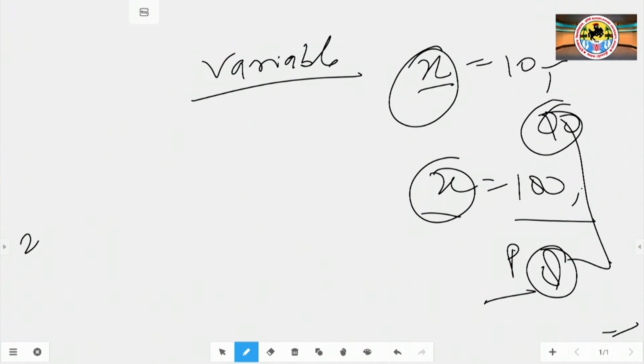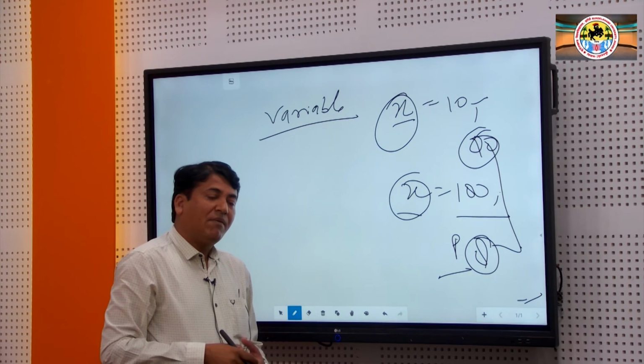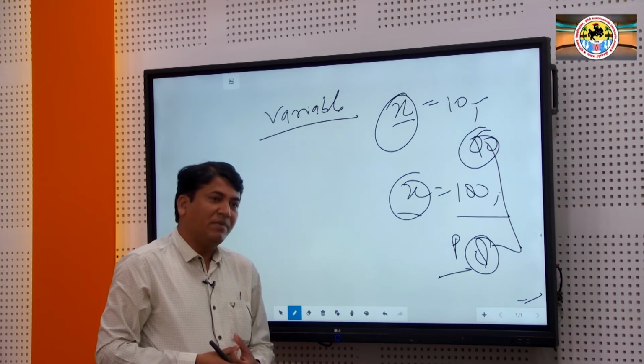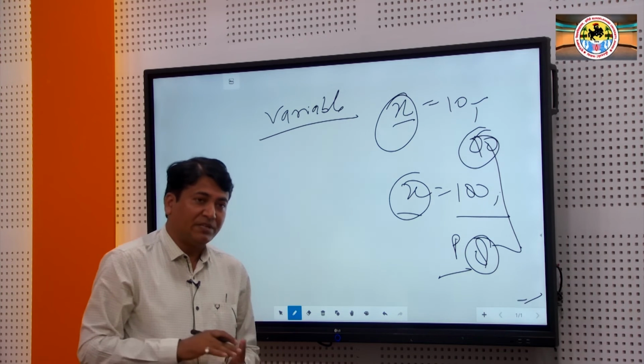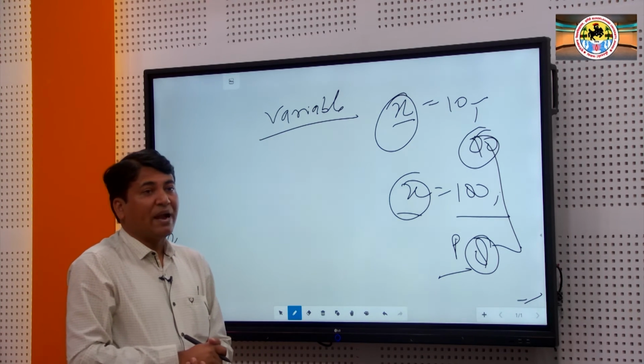Now the second question comes: how to write a variable name. To write a variable name we have certain rules, and we must always keep them in mind before writing any variable name.